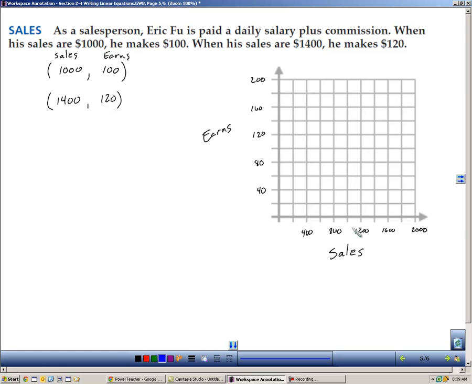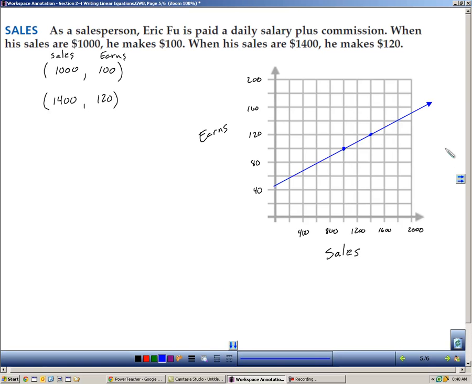I have 1,000, 100, which is about here, and I have 1,400, 120, which is about there. And so I can graph the situation. So here's a good estimate of what the line would look like that compares his sales to what he earns.